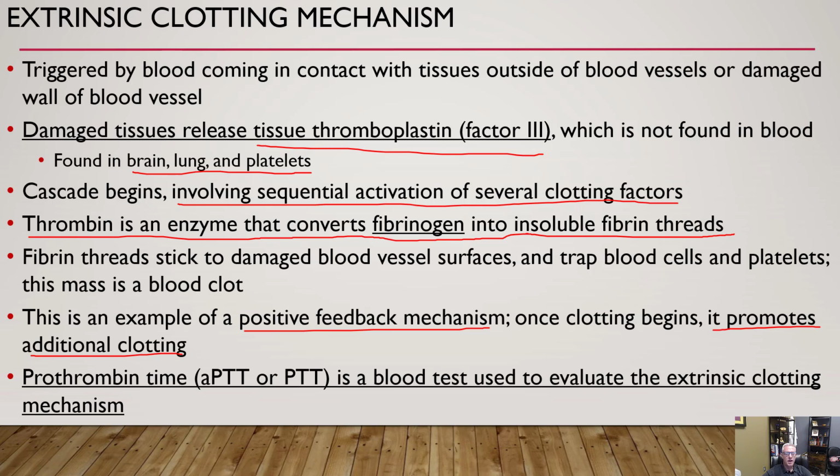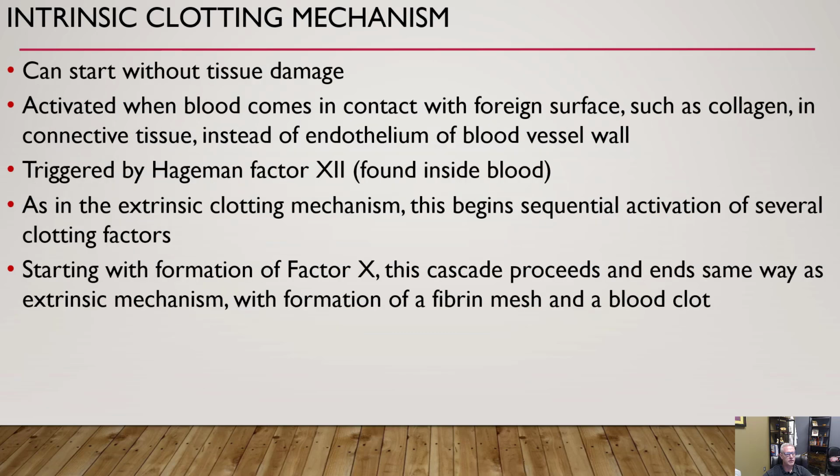All right, on the intrinsic side, remember the intrinsic side means contact activation pathway. So it can start without any tissue damage. It's activated when blood comes in contact with a foreign substance, such as collagen, in places where it shouldn't be, like inside the endothelium of a blood vessel wall.